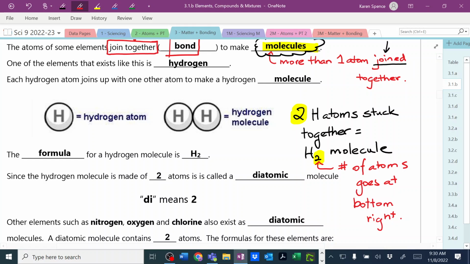So that's how we write the formula for a hydrogen molecule: H2.